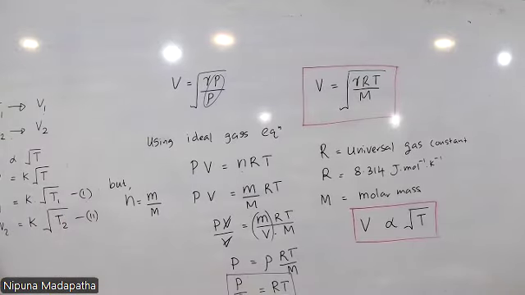Right. Equation 1 over equation 2, V1 divided by V2.